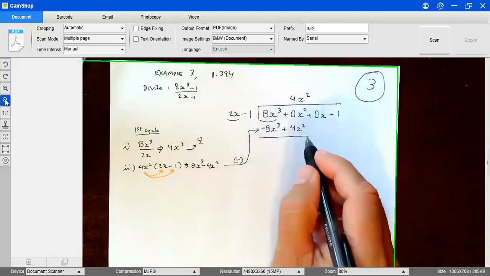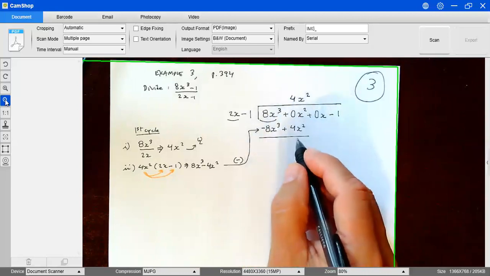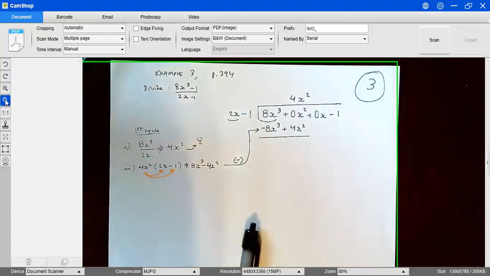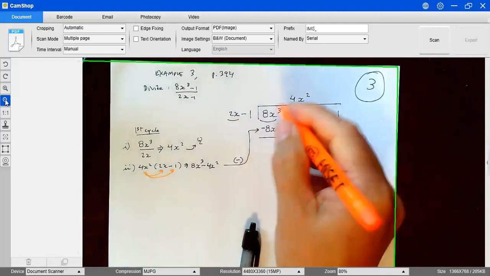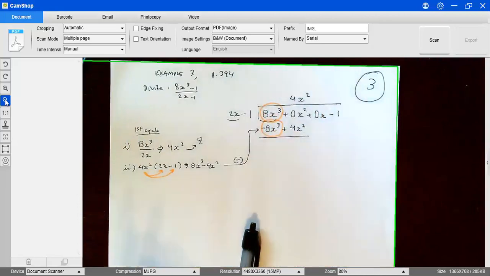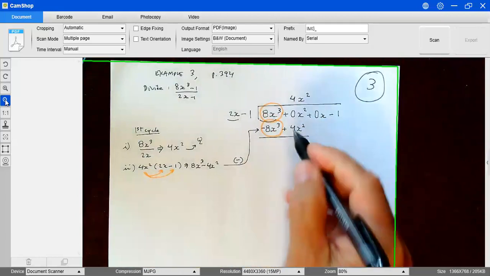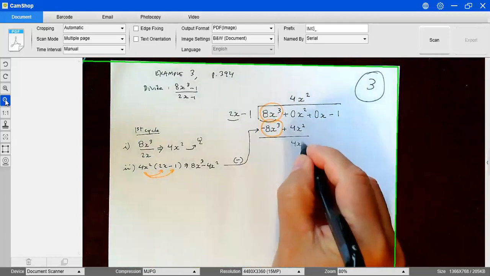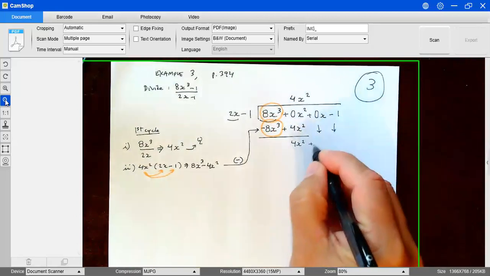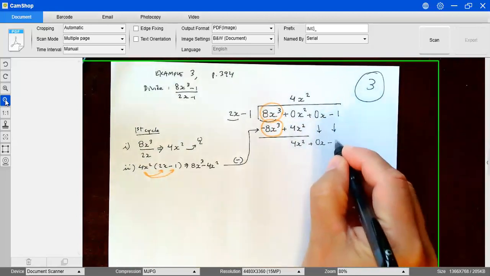So now we're going to combine like terms. So the leading term is going to vanish. And then we're going to end up with only 4x squared. Then we bring down the other terms, 0x, negative 1.